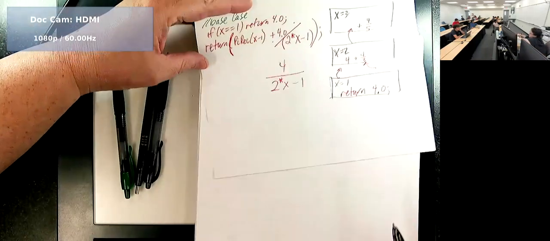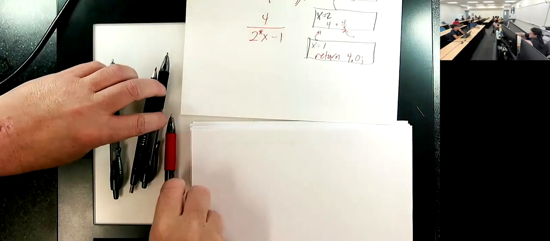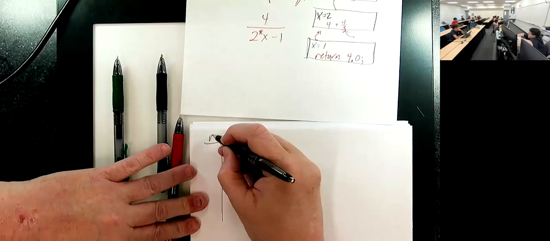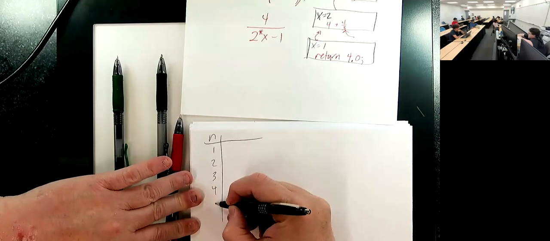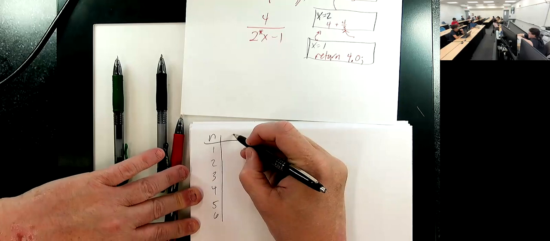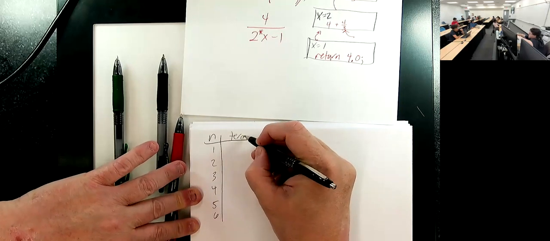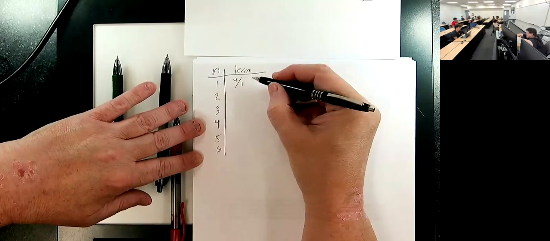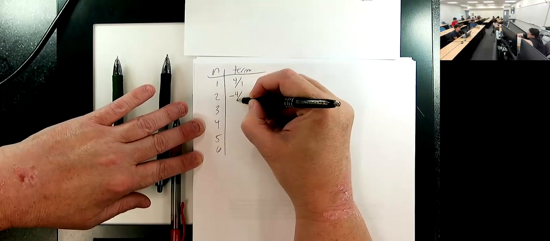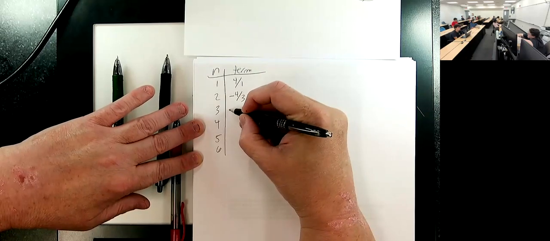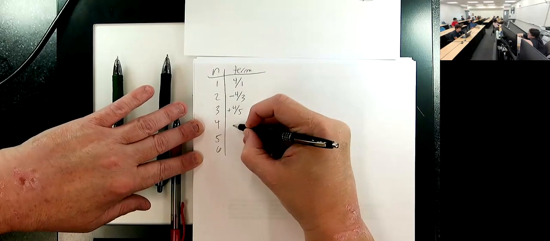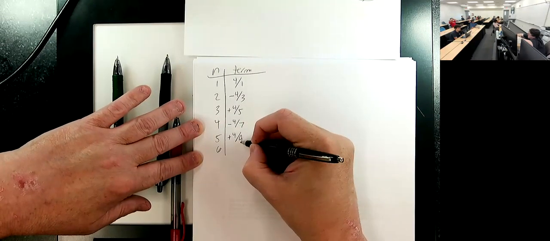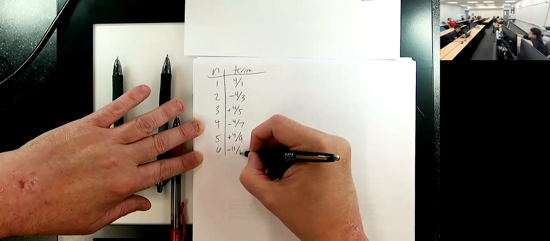We've got a couple choices. The first choice, let's number our terms here. When n equals 1, 2, 3, 4, 5, 6, our term is 4 over 1, minus 4 over 3, plus 4 over 5, minus 4 over 7, plus 4 over 9, minus 4 over 11.